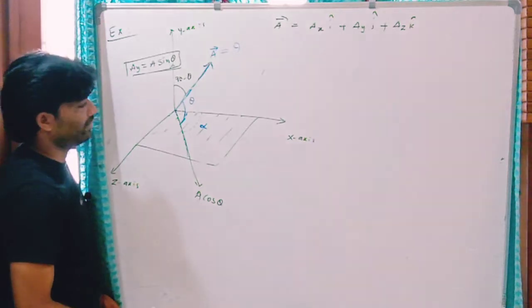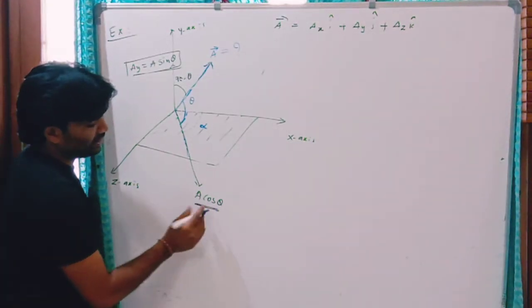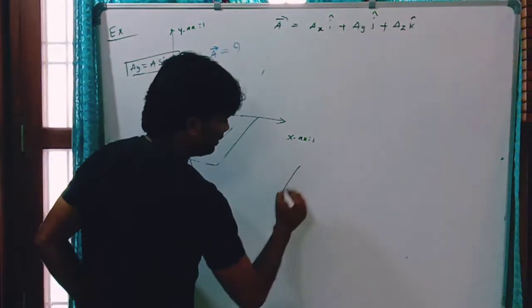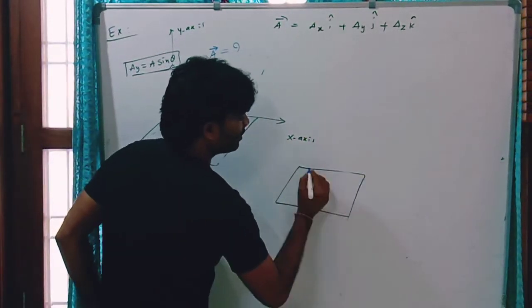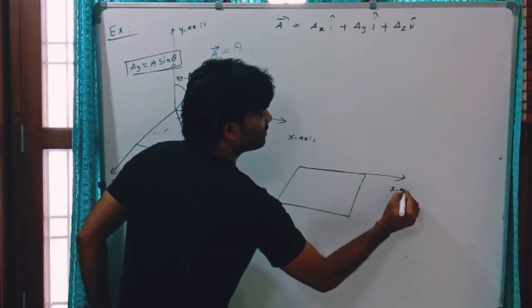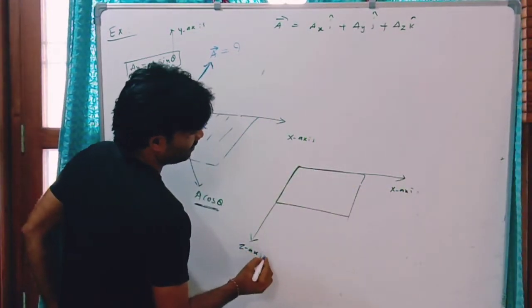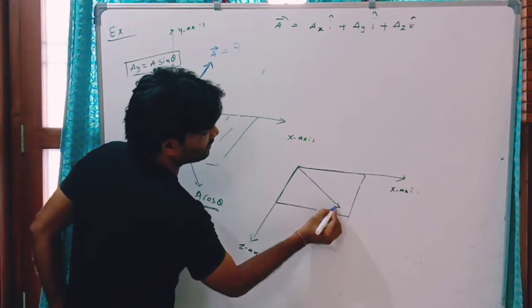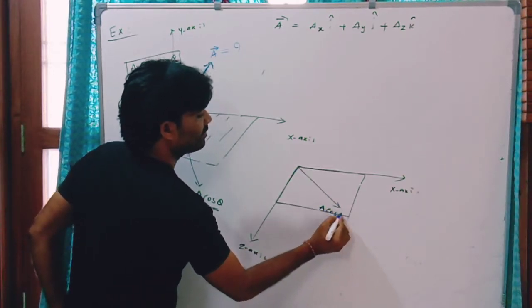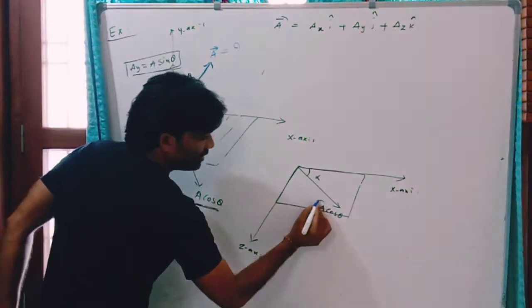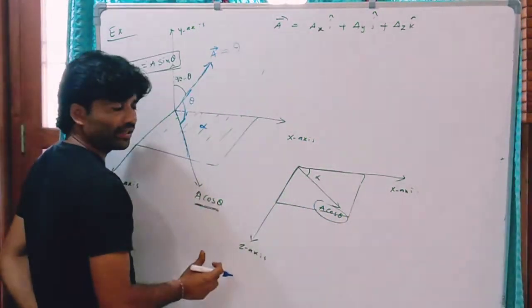So clear? Now again I'll resolve this A cos theta. This A cos theta is like this. Now this is the x axis, this is the z axis, this is A cos theta. Now this angle is alpha. Now let us treat this as another vector.